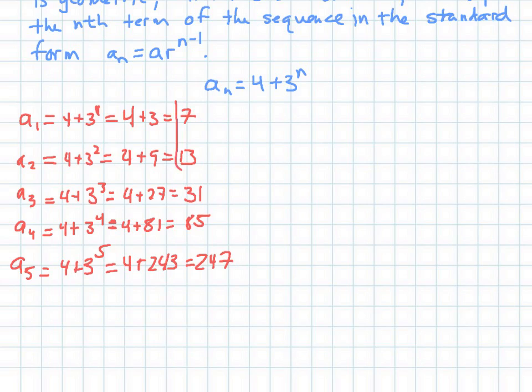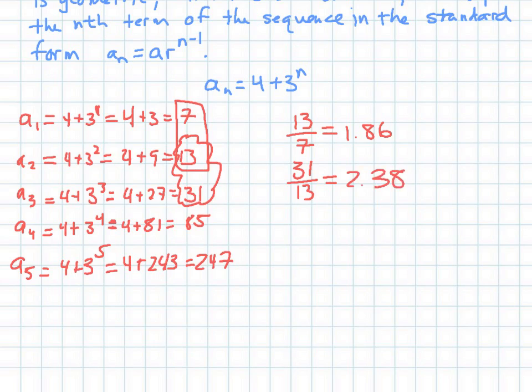Okay, so I have my first 5 terms, and now using that common ratio trick that we used last time, you want to divide those by each other. So the after divided by the previous. In my calculator, 13 divided by 7 is 1.86. Okay, and then I do the next one. So 31 divided by 13, since these don't go into each other easily, that gives me 2.38.